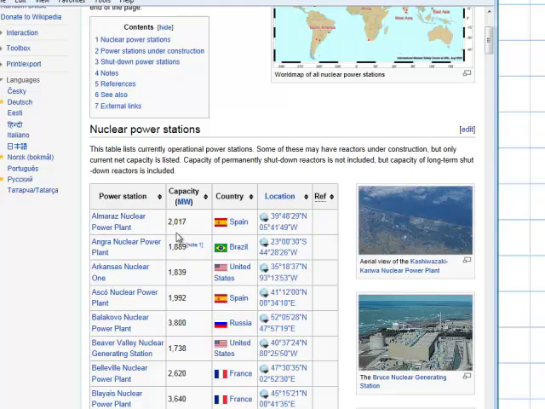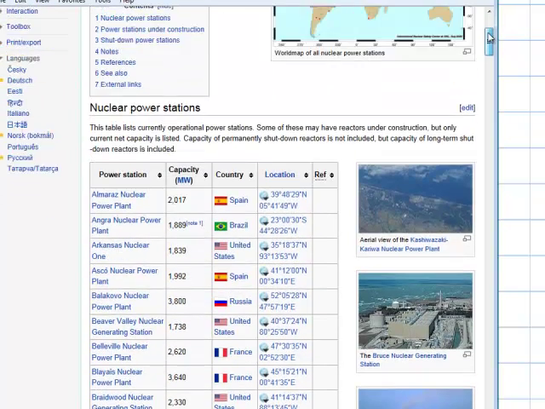It says 3 gigawatts, 3 billion watts, and notice these go mega, giga, and so on. It says here 2000 megawatts, which is the same as 2 gigawatts. So they really chose a really big power plant.